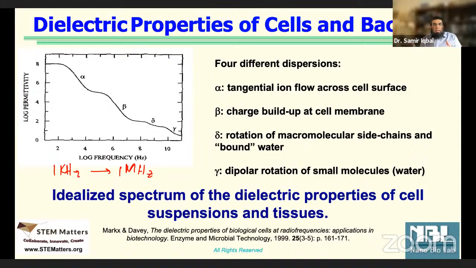Polarization occurs in response to the field, and it results in a reduction of the effect of the actual voltage that's applied. So the entity that can polarize would get less effect of the voltage itself because it readjusts its charges. The movement of that charged entity becomes less. And that's the idea behind dielectrophoresis.